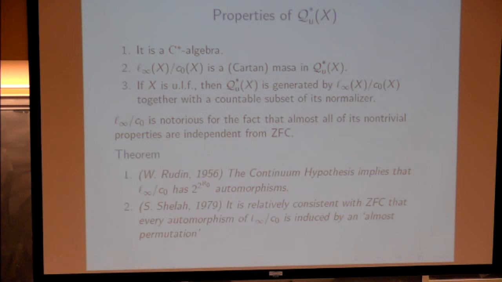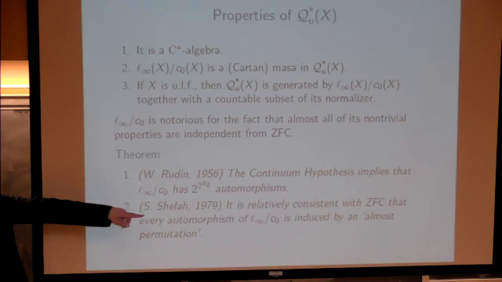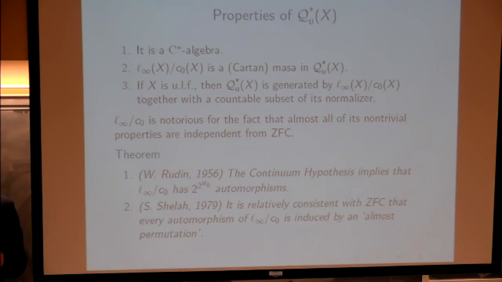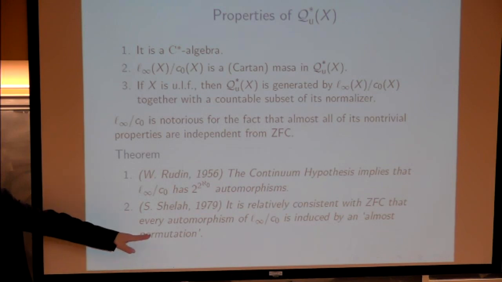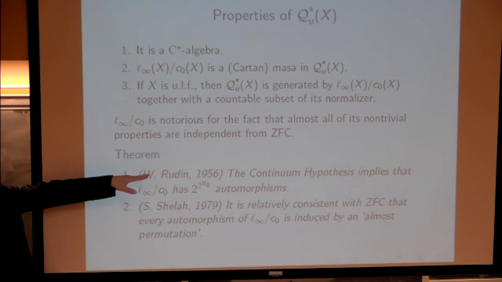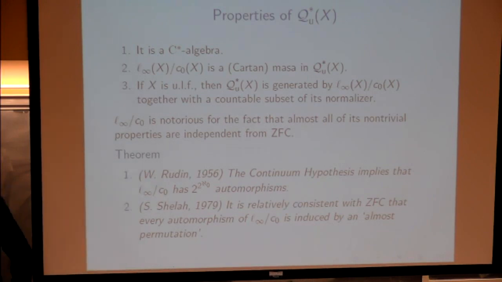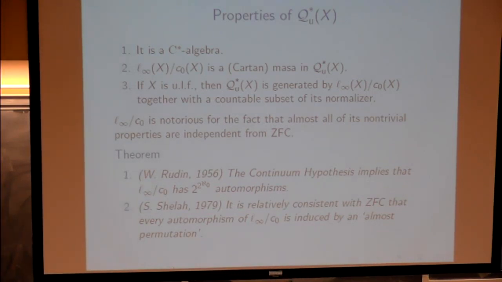Walter Rudin proved that under the continuum hypothesis, this algebra has 2 to the continuum many automorphisms. And Shelah and Steprans proved that in some model of ZFC, all the automorphisms of L infinity mod C0 are the obvious ones. Namely, they're induced by bijections between cofinite subsets of natural numbers. So they are almost permutations. And there are only continuum many of those. So definitely most of Rudin's automorphisms are not like that.